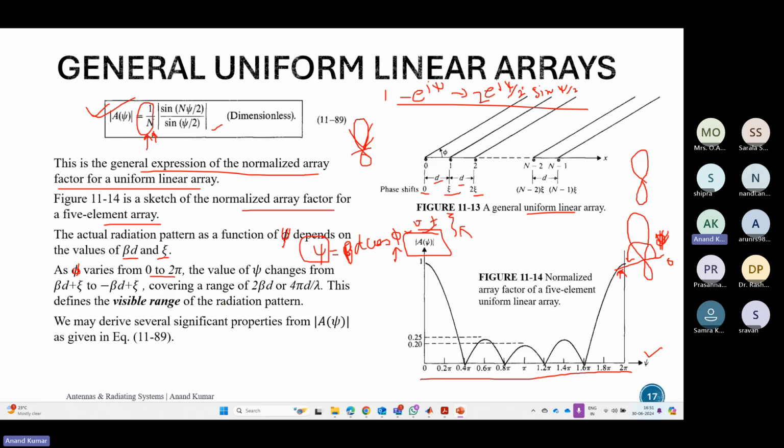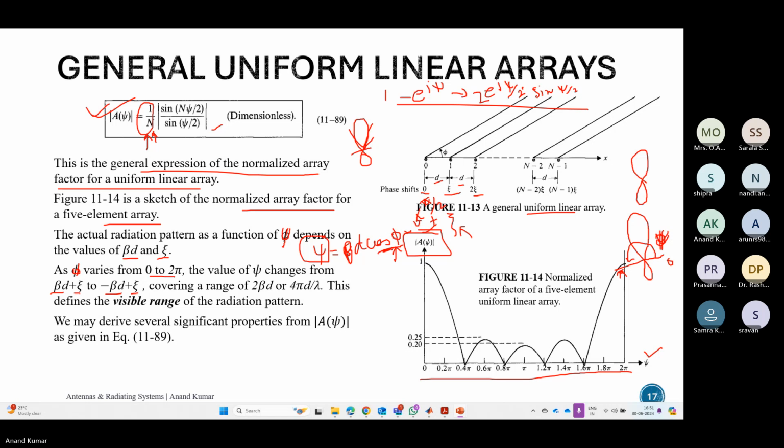So based on this phi value, it will vary from minus beta d plus xi to beta d plus xi, for theta equal to pi by 2.